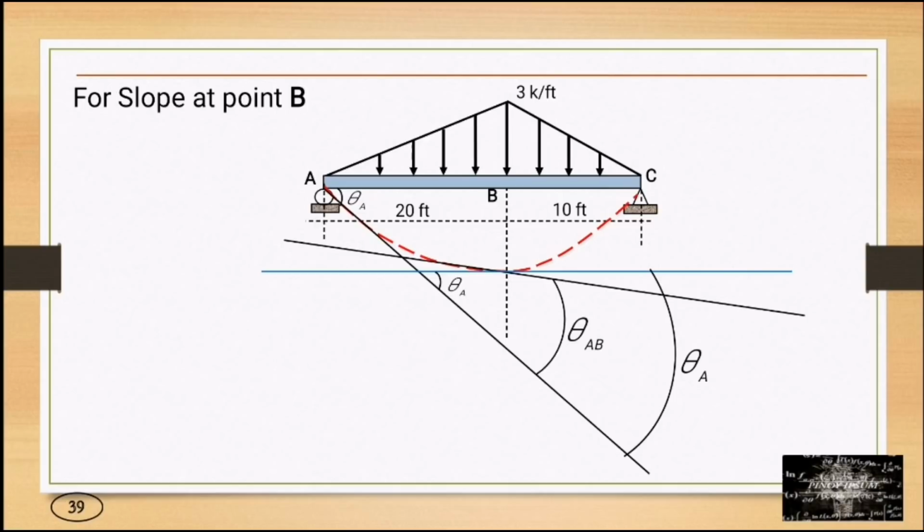And we have theta AB, or the change in slope between the tangents drawn to the elastic curve at points A and B. And of course, our required theta B, or slope at point B. So theta B is equal to theta A minus theta AB.